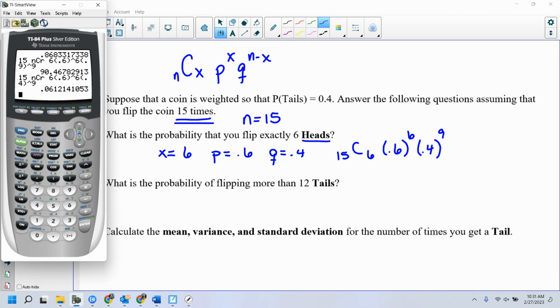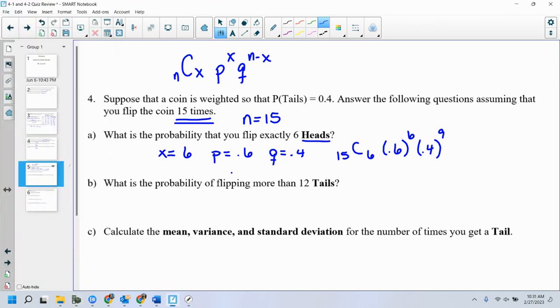Is my probability 90? Hope not. 0.06. That is exactly 6 heads, right? So out of my 15 flips, only getting 6 heads.